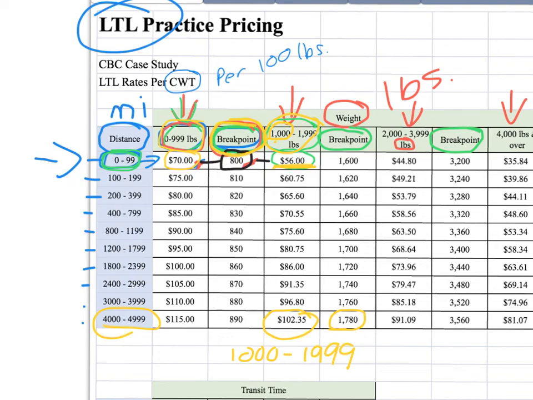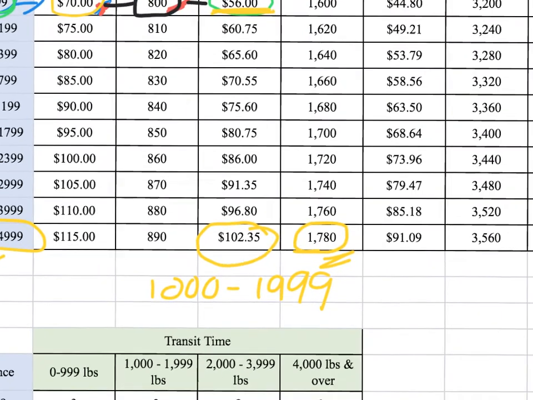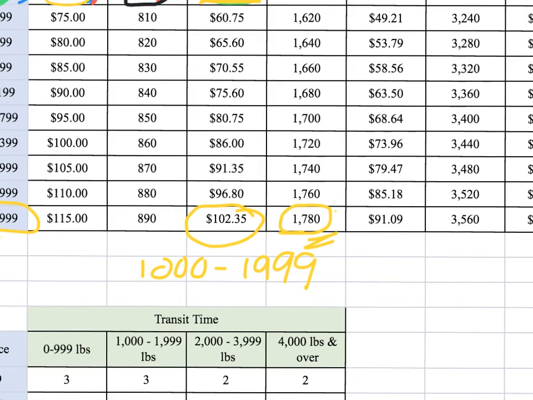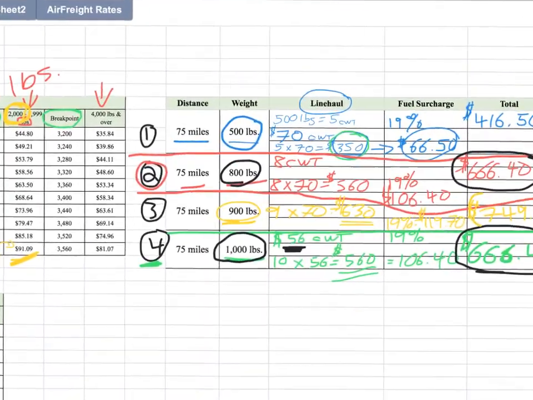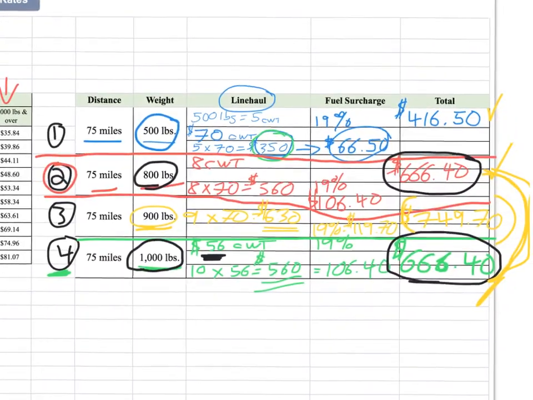And that's your tipping point to say, you know what, if I'm above 1,780 pounds, I'm going to ask you to take me over here. I want you to bill me for 2,000 pounds at the 91.90 rate, because it's going to be cheaper for me to pay for 2,000 pounds at that lower rate than to stay literally in the bracket that I belong to. Okay? It's an important concept.